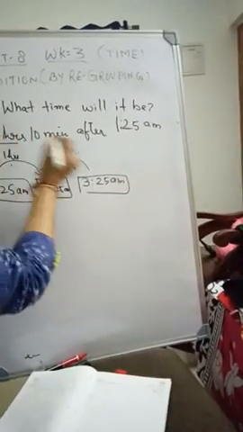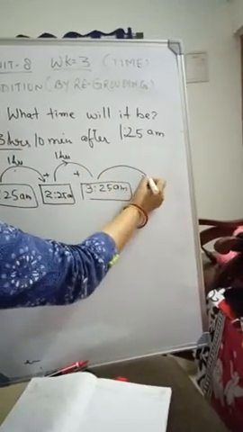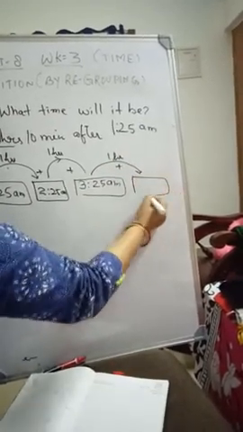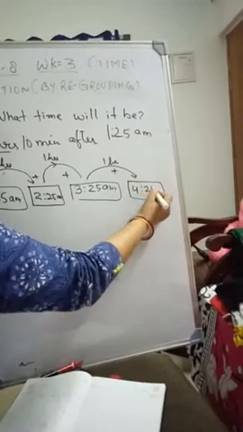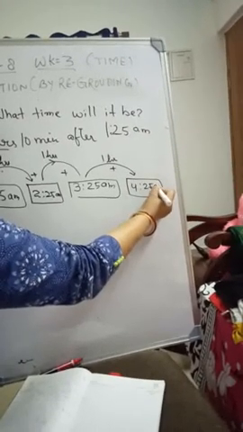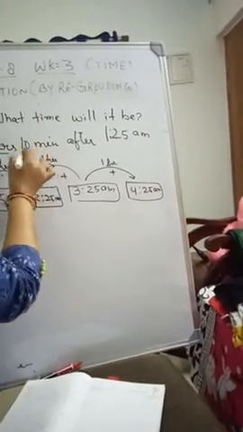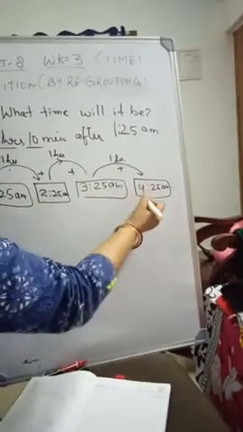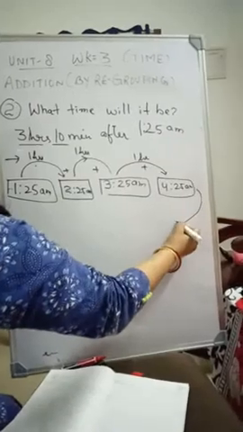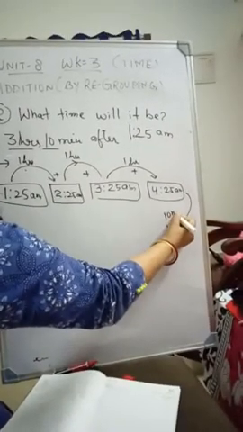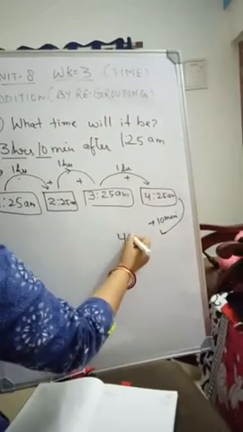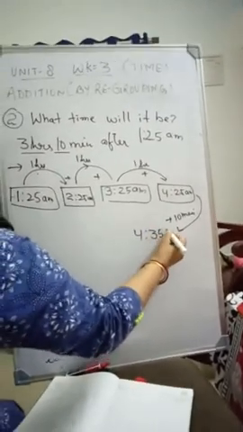I have to move 3 hours. Again I will add 1 hour. It will become 4:25 a.m. This 3 hours is completed, now I have to add 10 minutes. So I will take a jump of 10 minutes and add it with this 4:25. It will become 4:35 a.m.